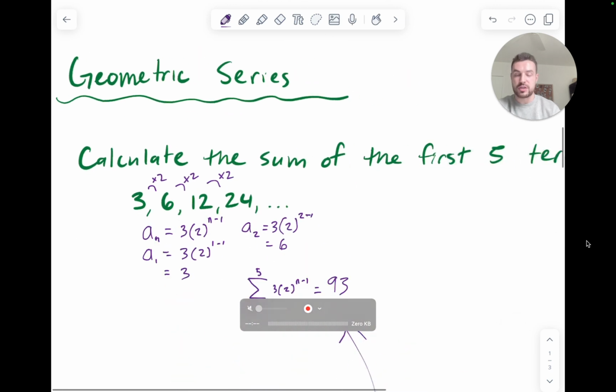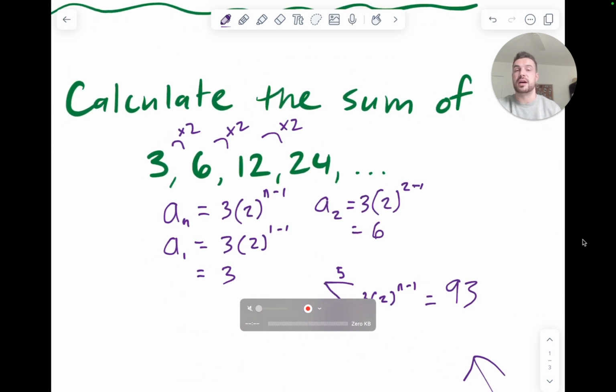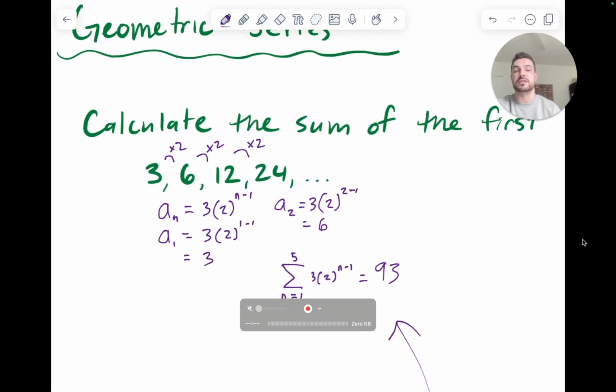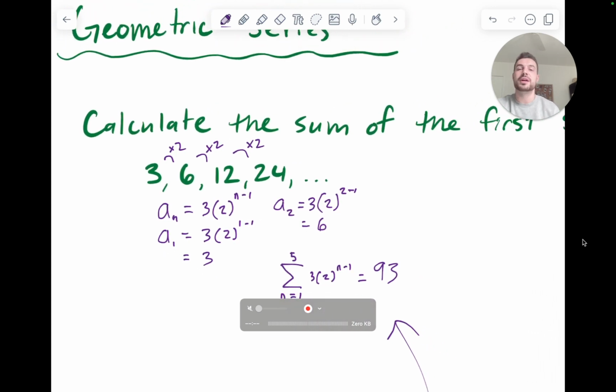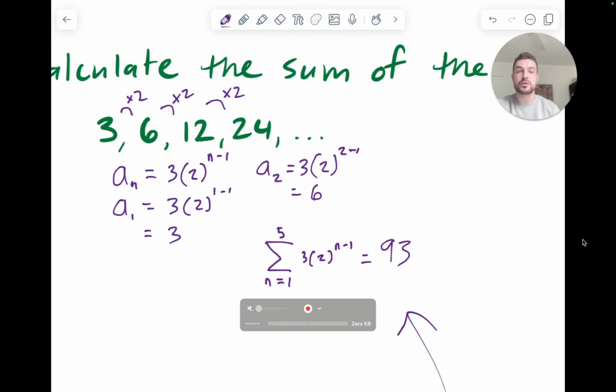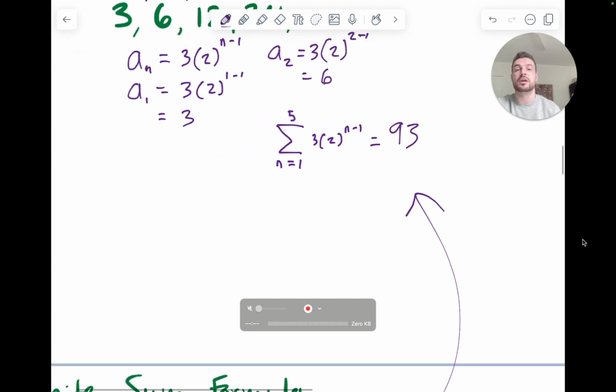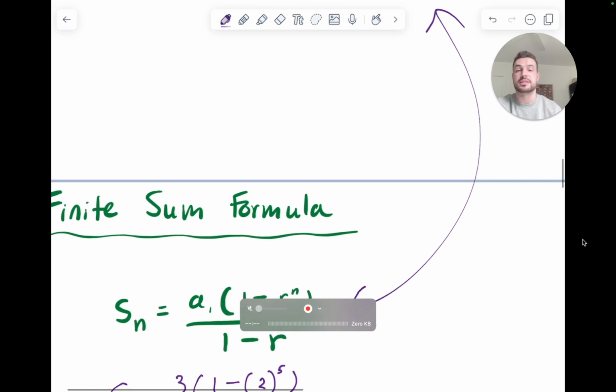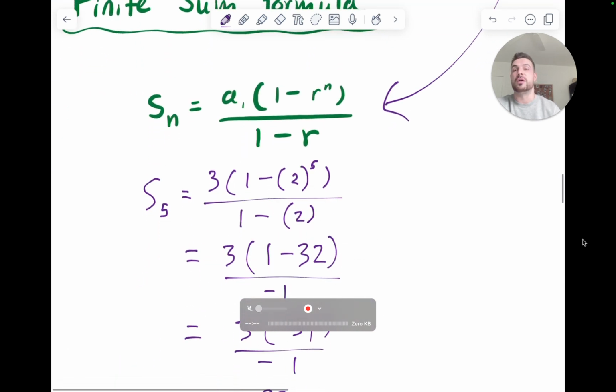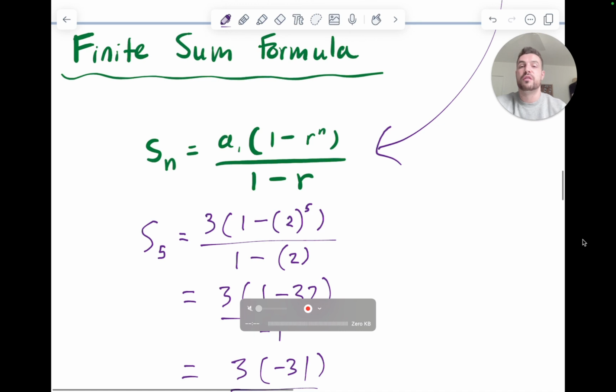And we started to use it to find the sum of the terms in a sequence, to find the series, but we realized that it wasn't most efficient to list out all of our terms and add them together. So we think back to our previous activities where we have our summation notation, and for whatever reason, if we are unable to use a calculator, let's say, we could use our finite sum formula for a geometric series.